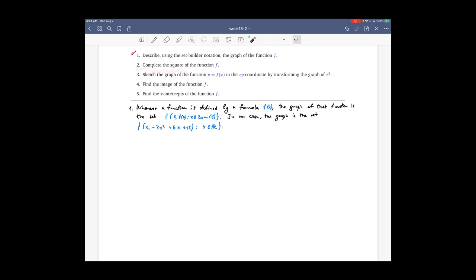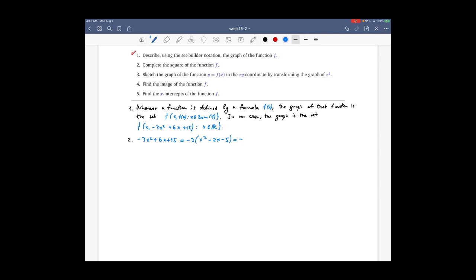Now, in the second part, we need to complete the square. It should be fairly simple. So we have our function negative 3x squared plus 6x plus 15. Remember, we first factor out the leading coefficient, which in this case is negative 3. So in parentheses, I have x squared minus 2x minus 5.